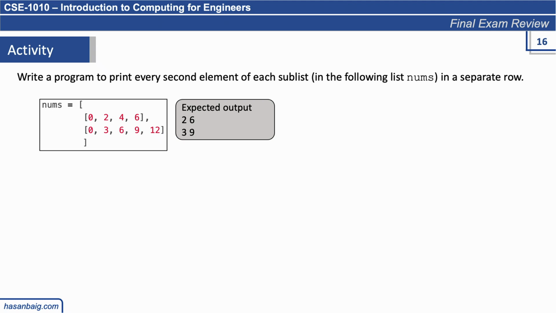Has anyone got to a solution? You could start also with 1, because we have to print starting from the second element, and then row 2. Good. Row X, and then you have to give a space and a character.